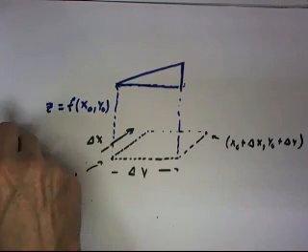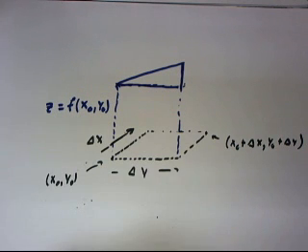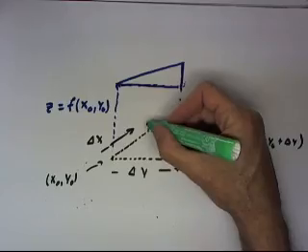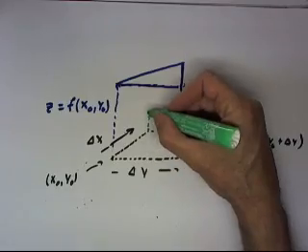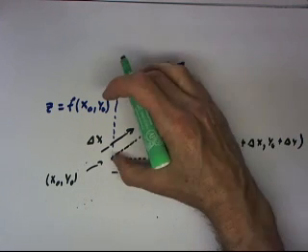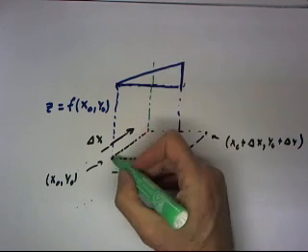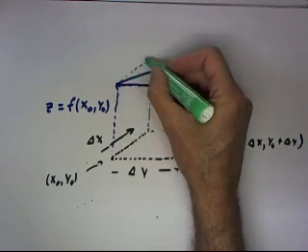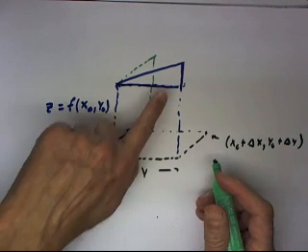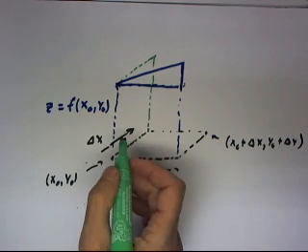Now we also have a change in x, so we can sketch a line parallel to this one. And if we come up to here, a distance equal to this, then move back parallel to our x-axis, we have a rectangle moving back in the x direction.